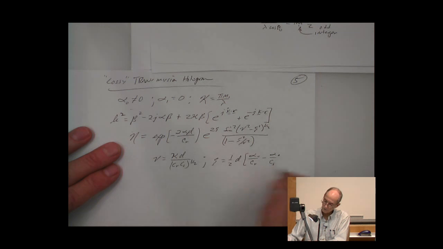Minus j, the tuning parameter, over C sub S.